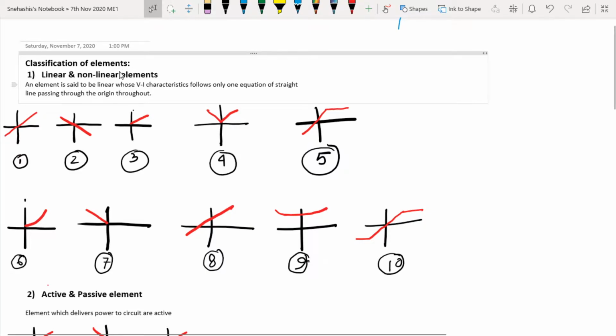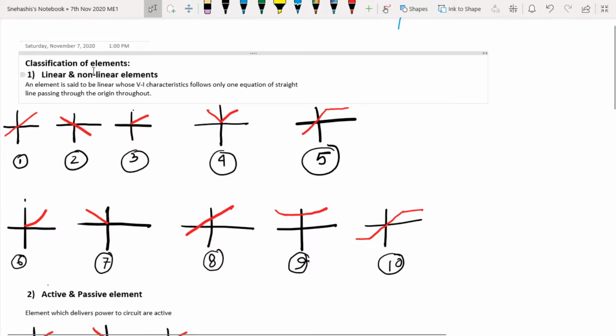And the topic of the last class that we were yet to cover due to lack of time was classification of elements. So let's see what the different classes of elements are.